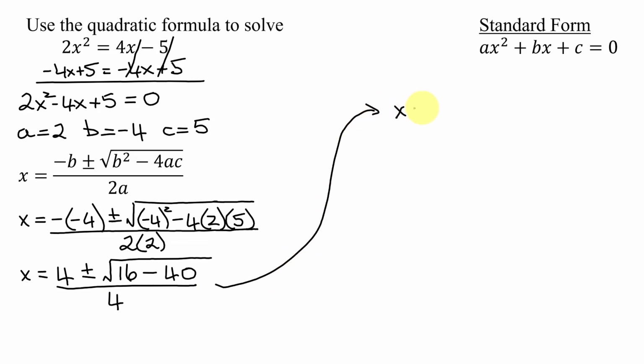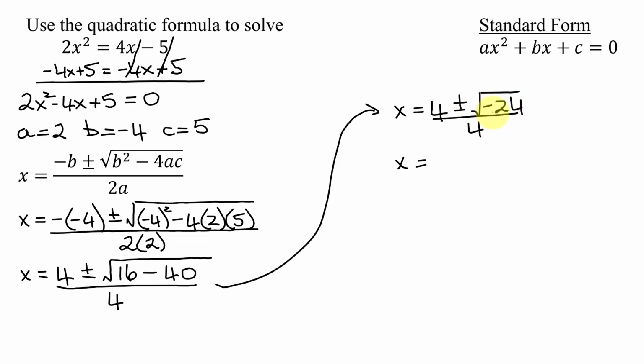So I get x equals 4 plus or minus the square root of 16 minus 40 is negative 24, all divided by 4. Now be careful, it might be tempting to reduce these two 4s. We can't do that because this 4 is not a common factor in the numerator.